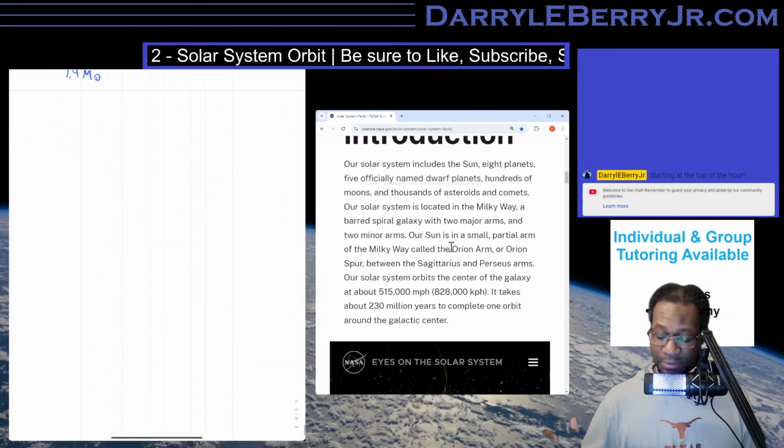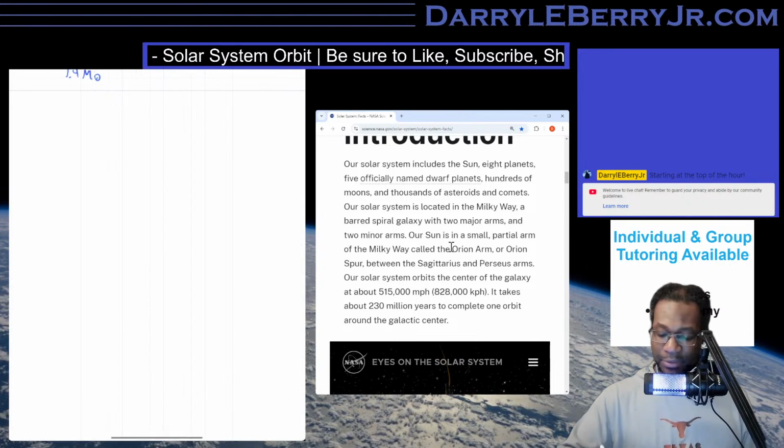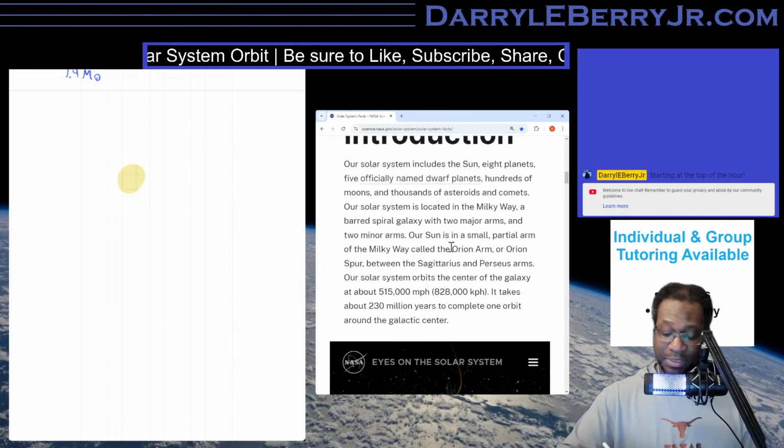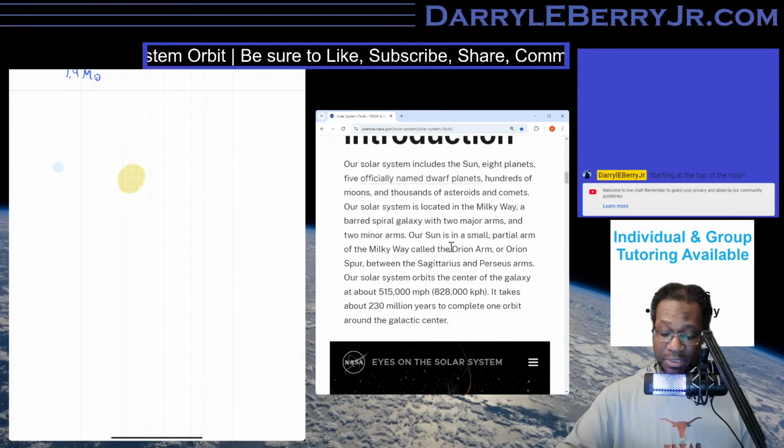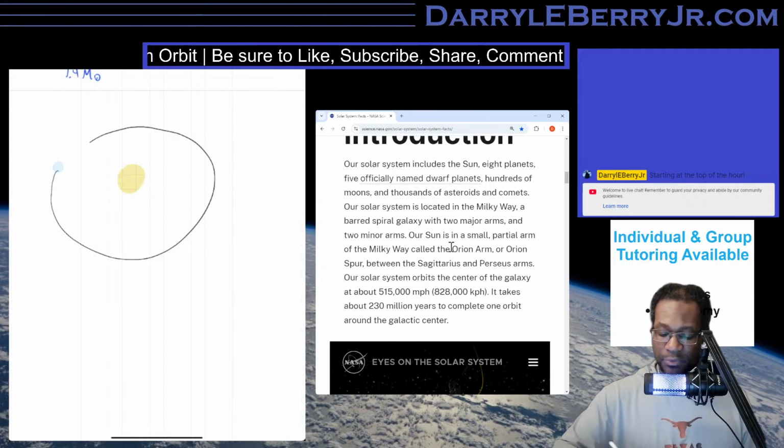So by the same token, we can look at the Earth like we did in part one of this stream, and we know that we take a year to go around the sun. We use radar to see how far away we are from the sun. So we know that this distance is about 93 million miles.